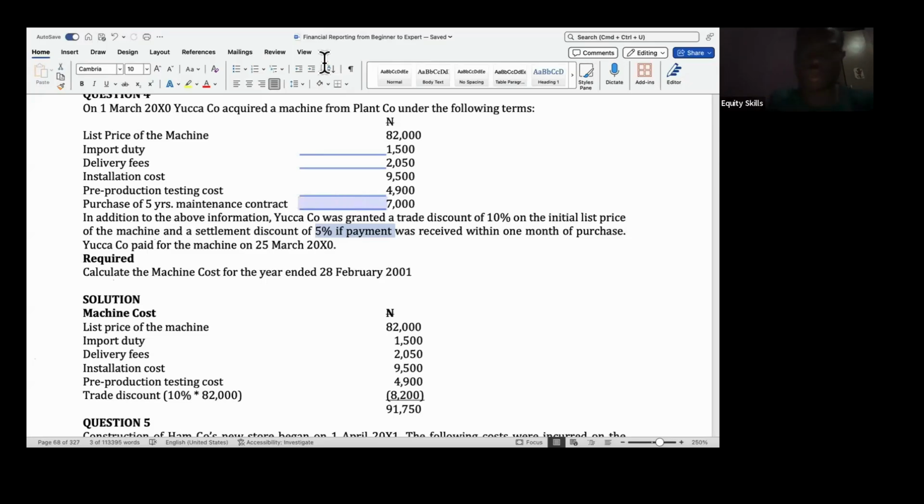Okay, if you don't have any question, let me ask you a question very quickly. Now, this 5% that we received as discount, that we are ignoring.